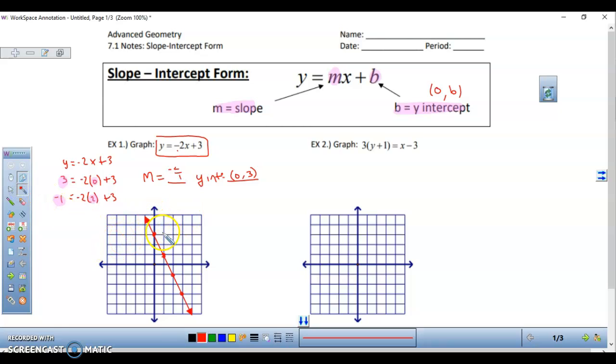So the reason we draw this line is because it is impossible for me to list every single ordered pair solution to this equation. There's an unlimited number of points on this line that would satisfy this equation. If I asked you to solve an equation like x plus 5 is equal to 8, you could just tell me x equals 3 and you'd be done. There's the answer. But if I want to know all the different ordered pairs, or all the different solutions to this equation, there's an infinite amount.